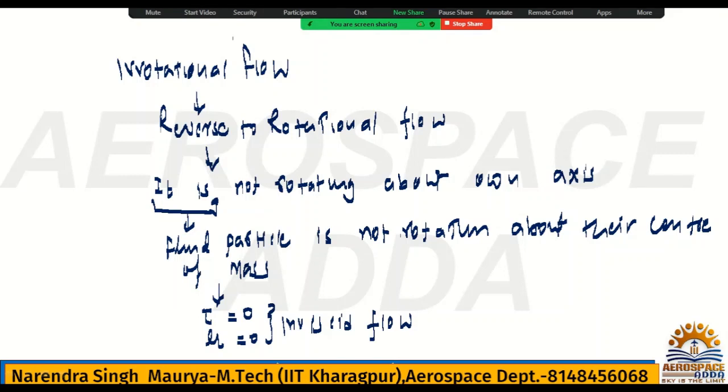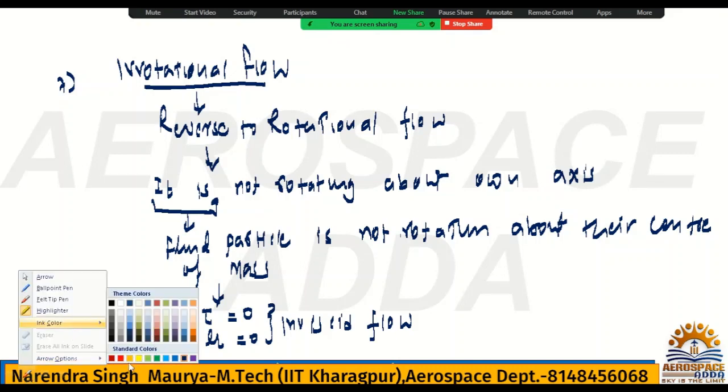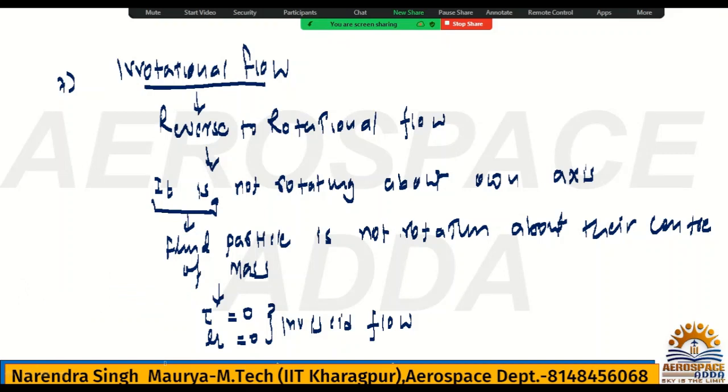Always remember, I think this is the 7th or 8th point. Two things are very clear that you need to remember. Rotational flow will always be viscous flow, or the reverse also, and irrotational flow will be inviscid flow, or the reverse also possible: inviscid flow will be irrotational. Understood? Yes or no?